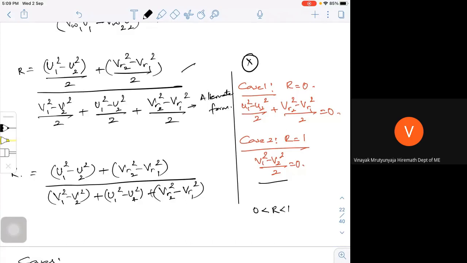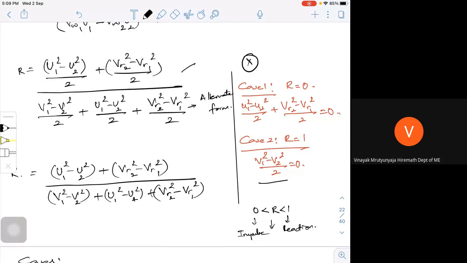R equal to 0 is pure impulse. R equal to 1 is a complete pure reaction turbine. It is very difficult to have a pure reaction, but you can have a pure impulse turbine. So we will have some reaction, even though R is equal to 0.1 or 0.2, we call it a reaction turbine. Depending upon the number, if it is 0.5, we call it a 50% degree of reaction turbine, or 60% reaction turbine.